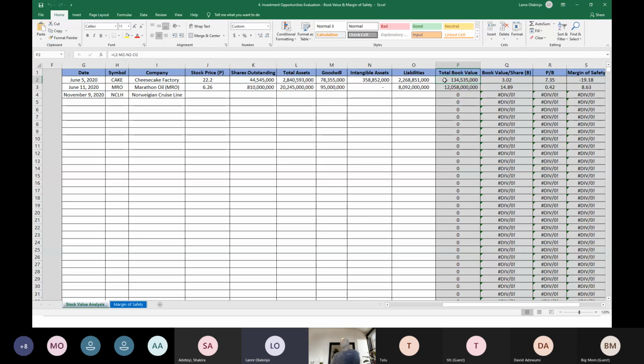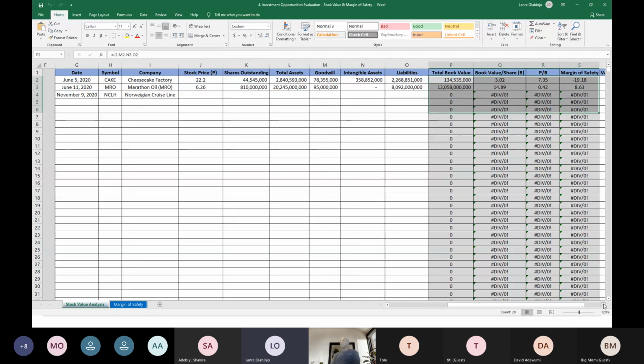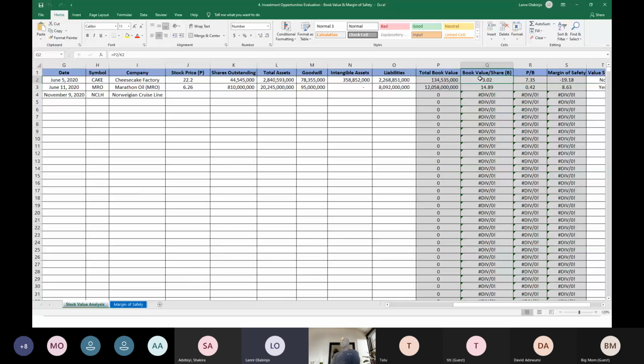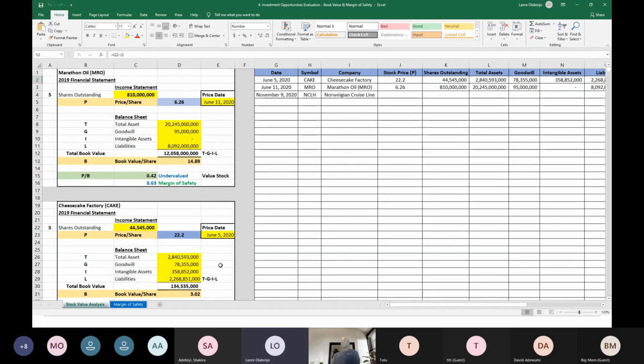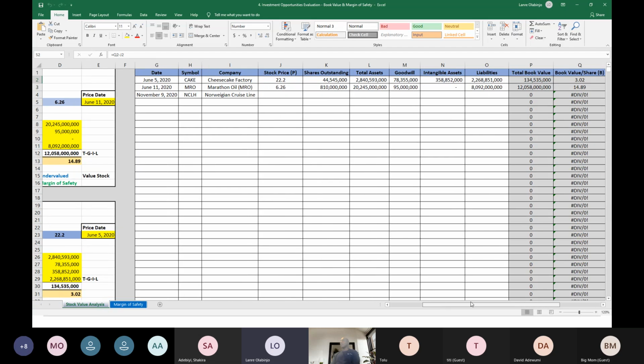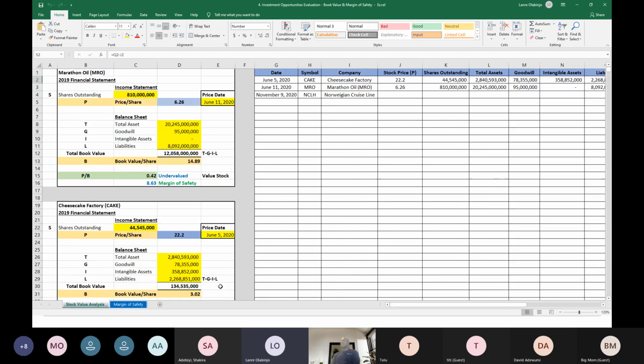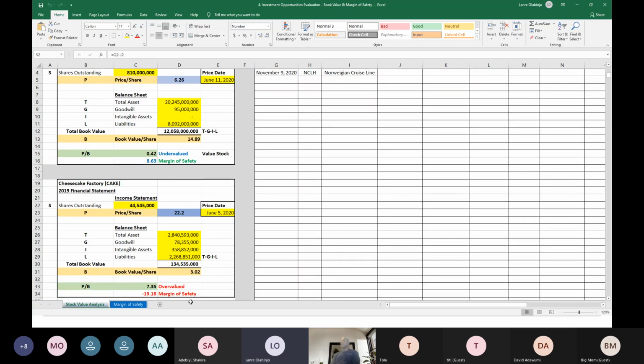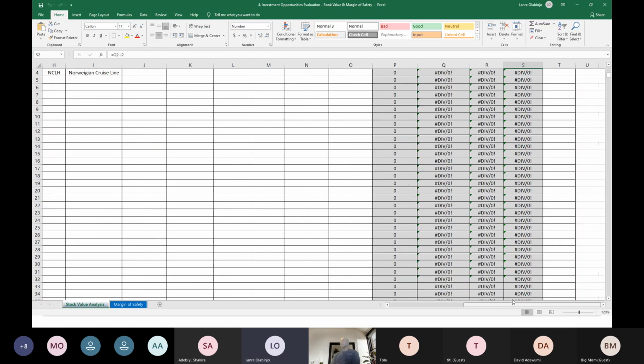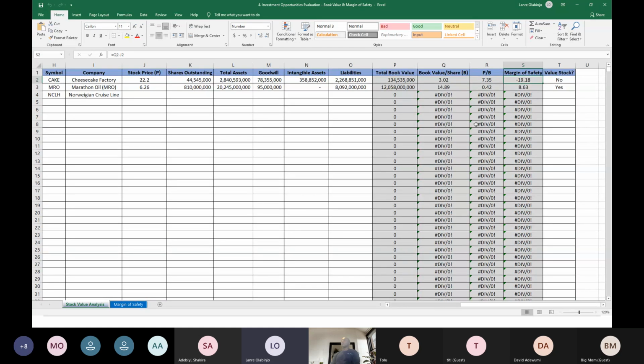So I've simply put the calculation in this gray section. You don't need to do anything, just fill the white section and the gray section will calculate. So the book value is calculated, the price to book value, and the margin of safety. They're essentially the same numbers that we have here for Cake. Yeah, you see that it's essentially the same as I have here, 735, 19.38. So this will do it for you.